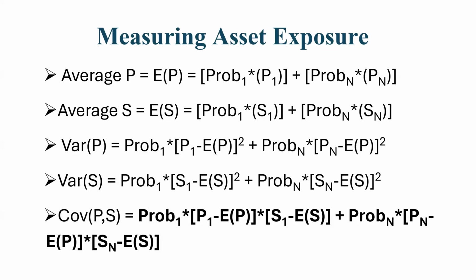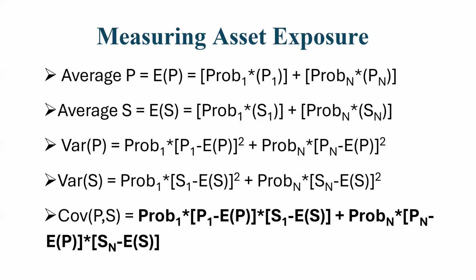So we multiply the probability by the exchange rate predicted for that scenario. And once we do that multiplication for each scenario's probability and the exchange rate predicted for that scenario, we add up and we get the expected exchange rate, which is the average exchange rate.